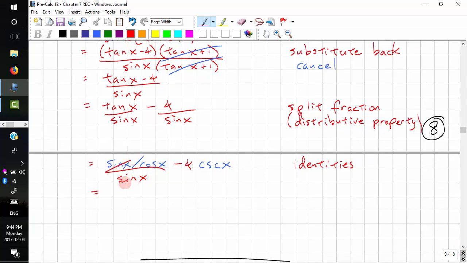And we can cancel this out. So now we have 1 over cos x minus 4 cosecant x. And the identity for cos is secant x minus 4 cosecant x. And that's as simplified as it gets.